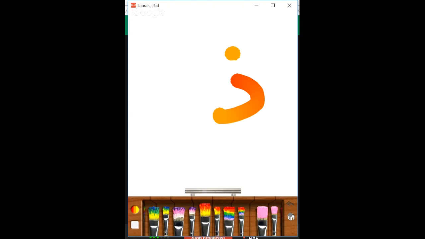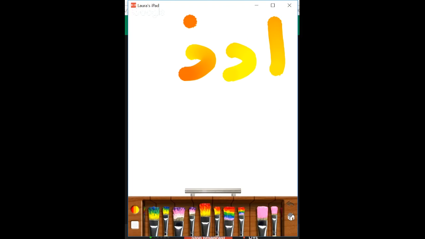Thal looks just like dal, but it has one point up. Dal and thal. They're both one-way connectors. They can be preceded by something, but if you have something after it, you have to leave a space. So far we have aleph, dal, thal.